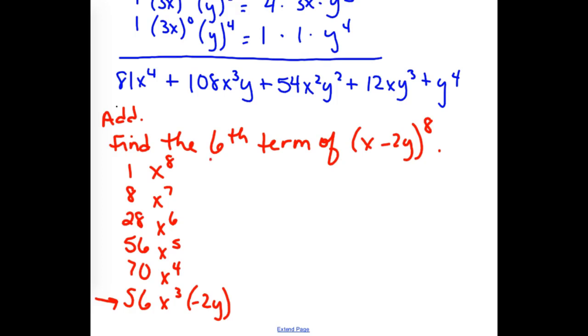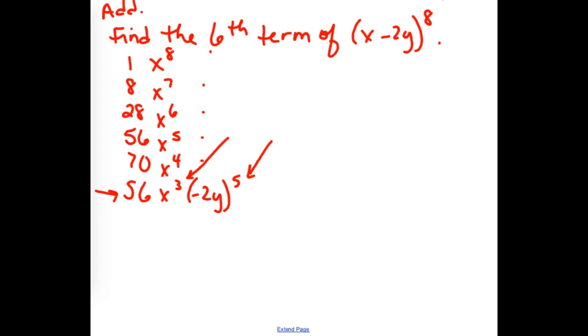This would be to the 0, 1st, 2nd, 3rd, 4th, 5th. Now, think about it. Your powers have to add up to what? 8. So if we already calculated that this is going to be to the 3rd power, we know this is going to have to be to the 5th power if they have to add up to a power of 8. Yes? All right, so go ahead and calculate.